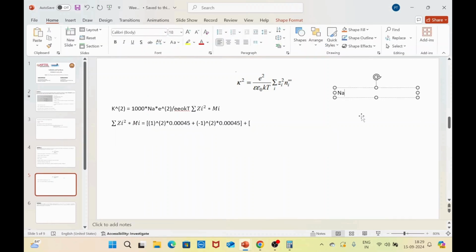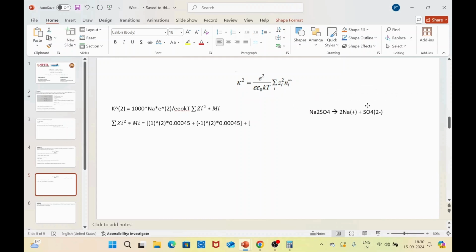Once you put Na2SO4 in water, it will give 2 Na plus ions plus SO4 2 minus, right? So it will dissociate like this.